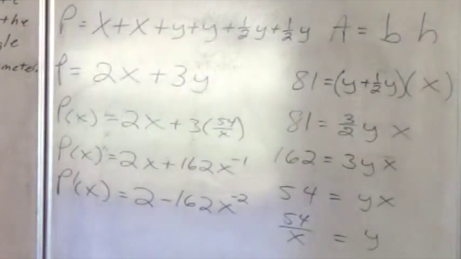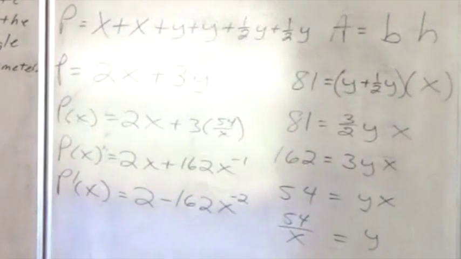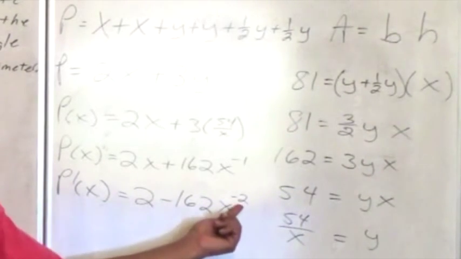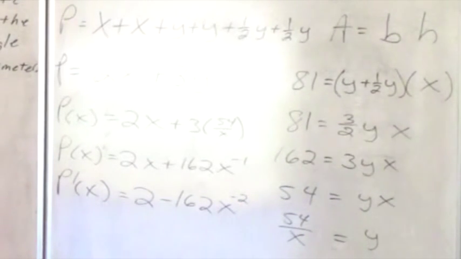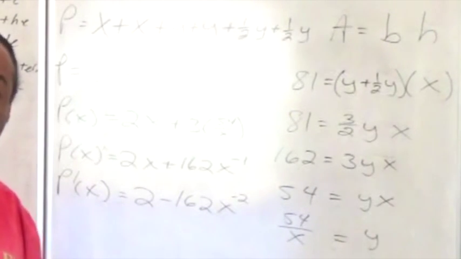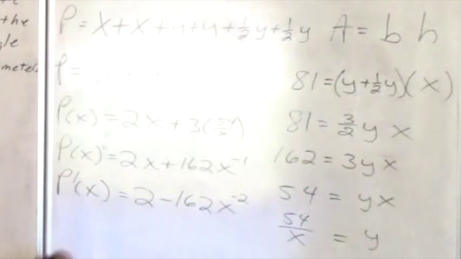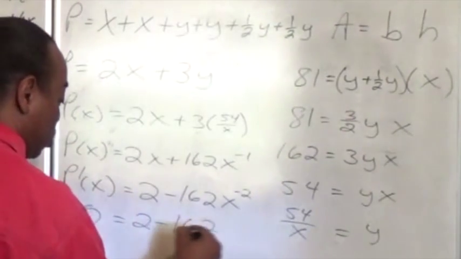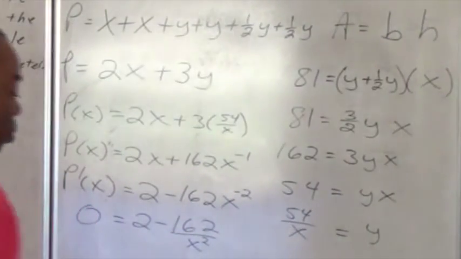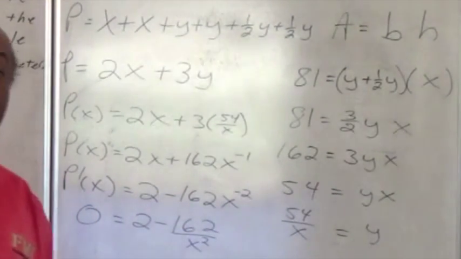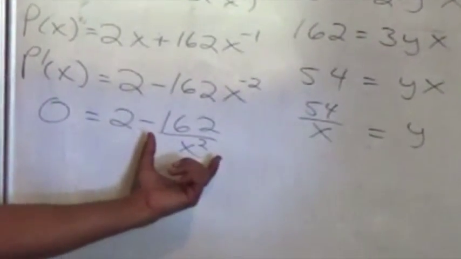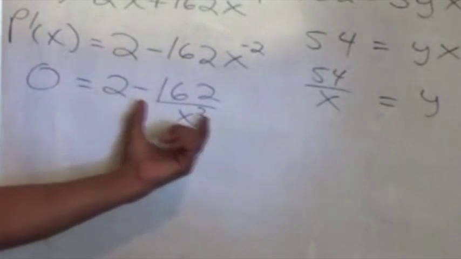Okay, now I'm going to set the derivative here equal to 0 and solve for x. Because I'm now solving for x, I no longer need the power of x here. So I'm going to convert that back into a rational. So it's going to go back into the denominator. Now, to continue solving for x, I'm going to basically bring this negative 162 to the left side, making it a positive 162 over x squared.